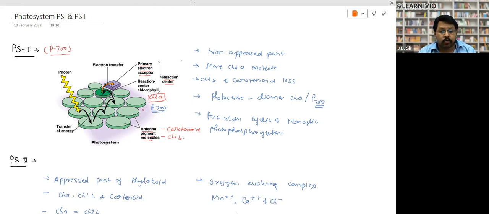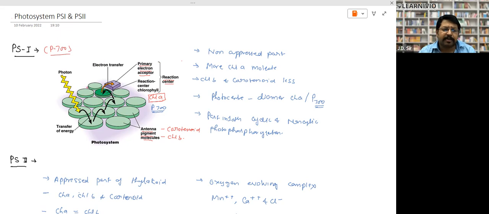The number of antenna pigment molecules may be 250 to 400, right? These antenna pigment molecules are carotenoid and chlorophyll B molecules. These pigments capture the photon and finally take the energy and transfer it to the reaction center. The reaction center gives energy to the electron. That's how it works, right? And this complete structure is known as photosystem.